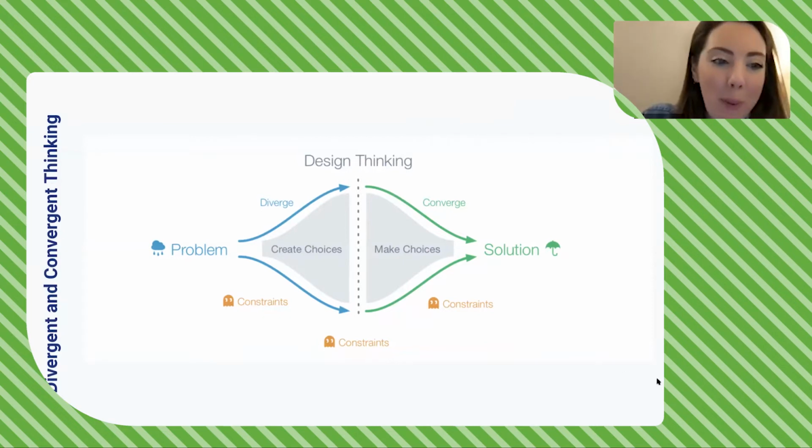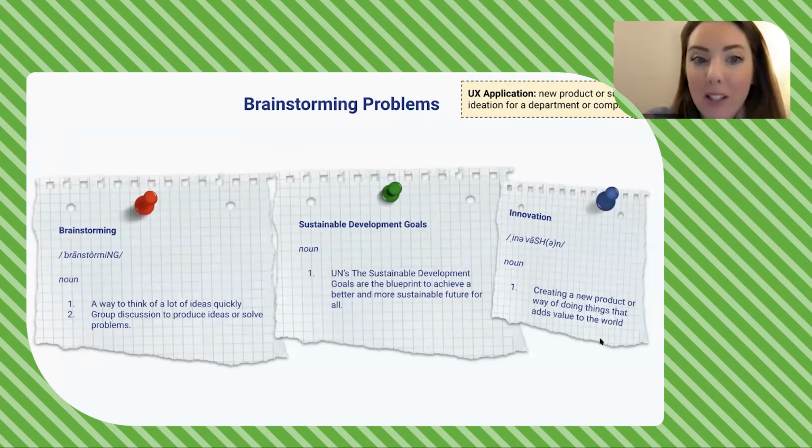So we're going to pop on to the next slide and talk a little bit about brainstorming problems. So as Rebecca mentioned, we've got the Sustainable Development Goals. These will be at the heart of your problem statement. So what you will do to approach this is look at the Sustainable Development Goals and have a look at which one you empathize most with, which one speaks to your heart.